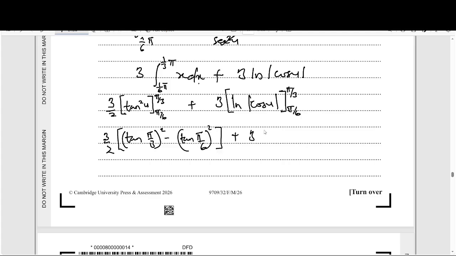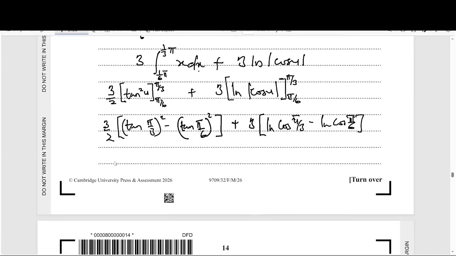And then next is 3 out, ln of cos pi over 3 minus ln of cos pi over 6, close brackets. I'm going to punch this on the calculator and find out the answer. The first bracket gives me 8 over 3. So I have 3 over 2 times 8 over 3.